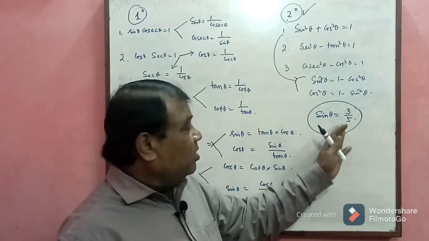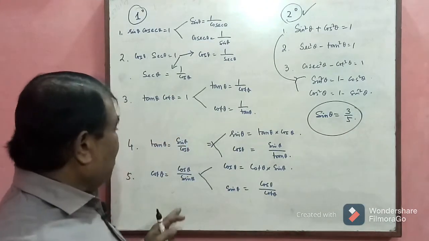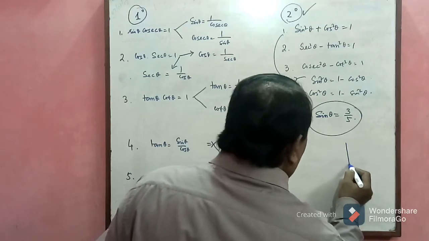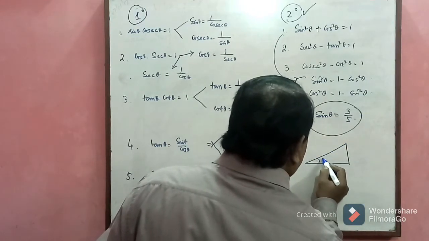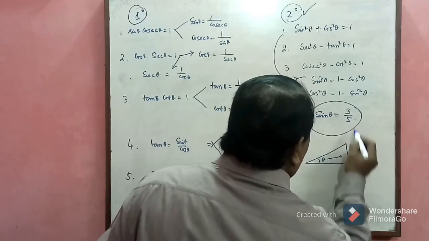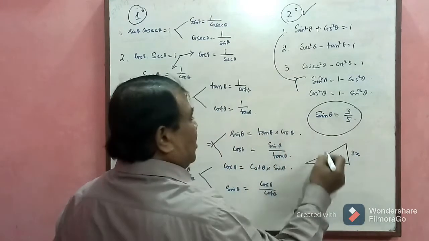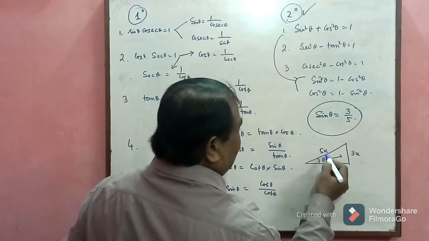All 5 can be easily found. How? This is a right angle triangle, this is theta, so this is your perpendicular, 3. Let's say this is in ratio, with common ratio x, so 3x, and this is your 5x.